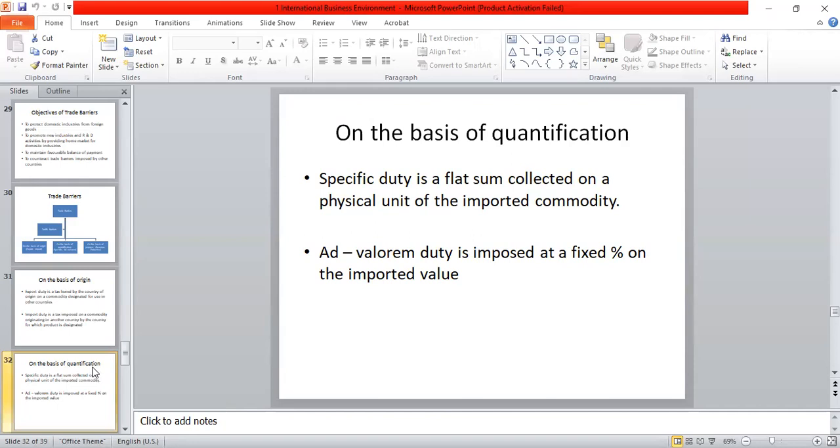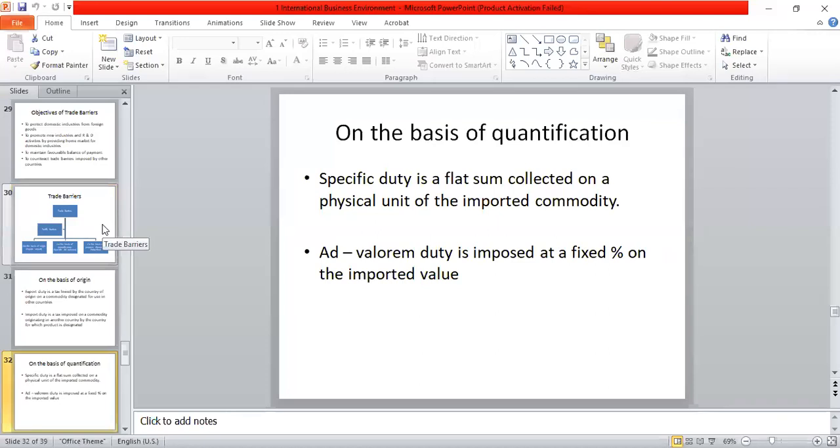That 2.5% on 3 crore is nothing but the ad valorem duty. Please remember, ad valorem is a fixed percentage on the imported value. That is quantification.